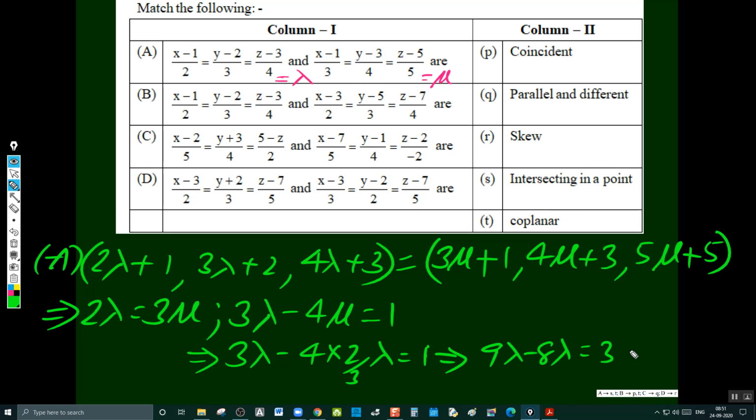So lambda is equal to 3, and mu is equal to 2.